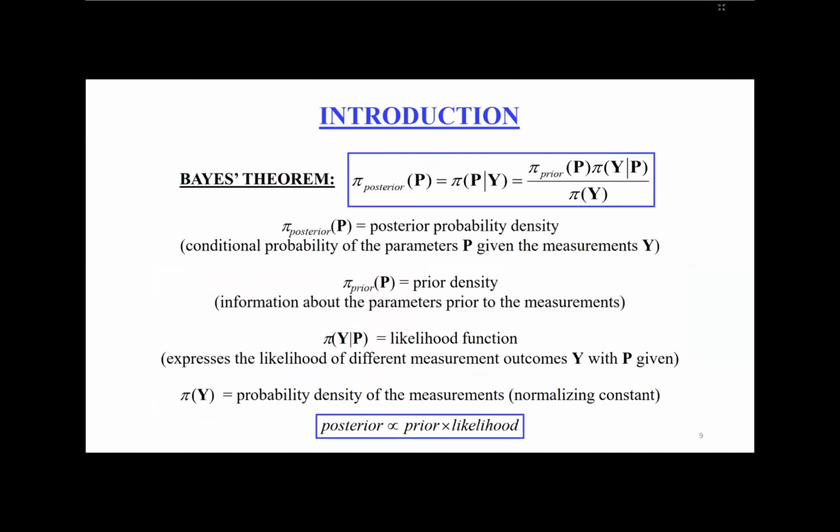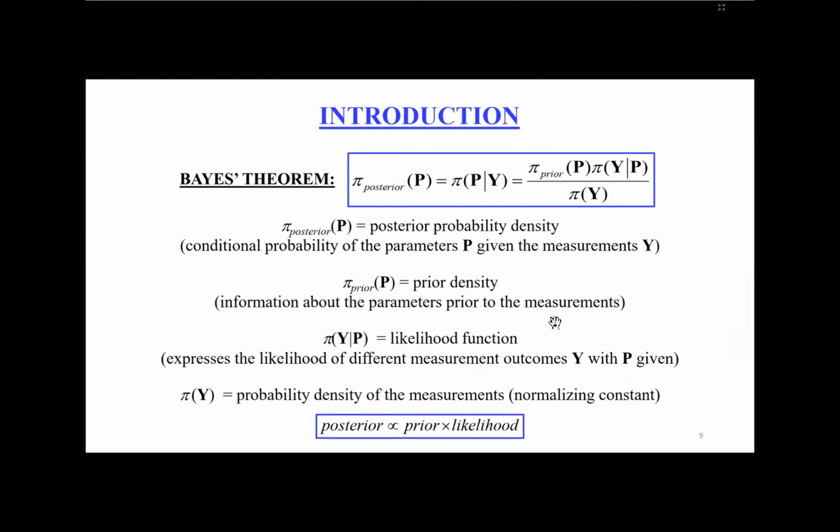The solution of inverse problems within the Bayesian framework of statistics relies on inference of the posterior distribution of the parameters. In this context, Bayes' theorem relates the posterior distribution, which is the conditional probability of the parameters P given the measurements Y, to the prior distribution and to the likelihood.